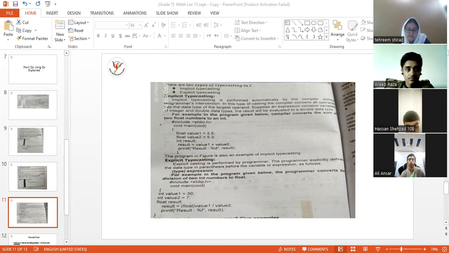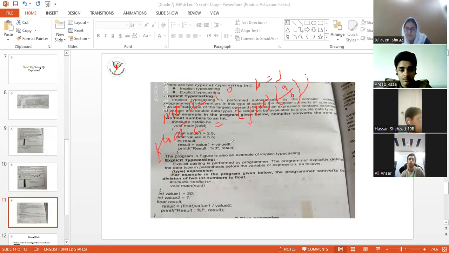I will give you another case where I will start with int a equals 10, b equals 3. Float c equals, now see this, float is in the bracket and a by b will also be in the bracket.